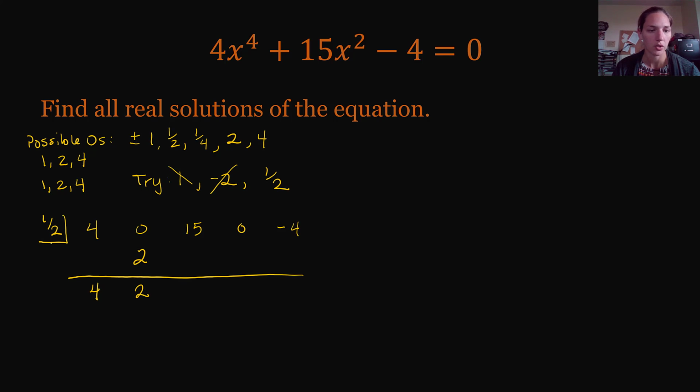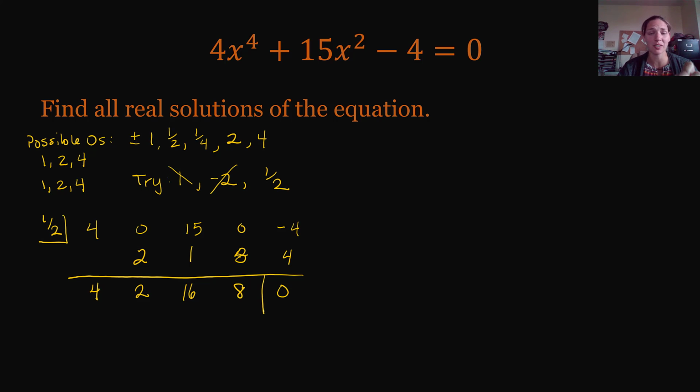Bring the 2 down. 2 times 1/2 is 1. 15 plus 1 is 16. 16 times 1/2 is 8. 0 plus 8 is 8. 8 times 1/2 is 4. And negative 4 plus 4 is 0. We found one that worked! That's so exciting. Now we know that 1/2 is a zero.